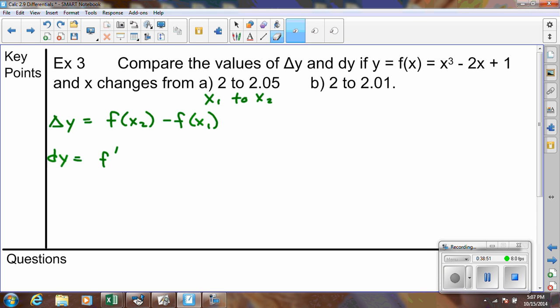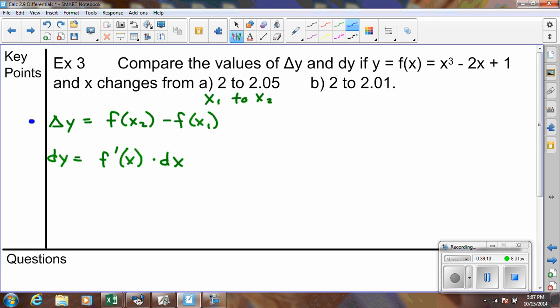We're actually going to come back to that one, and I'm going to leave this as f prime of x, and then we'll look at this specifically in a second. But for right now, what we're noting, here's our formula. Let's crunch some numbers now. Let's crunch delta y first.